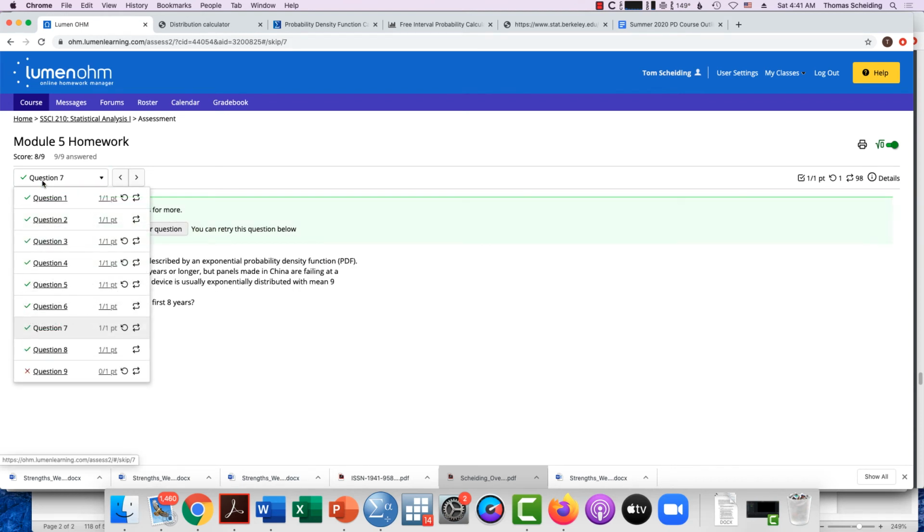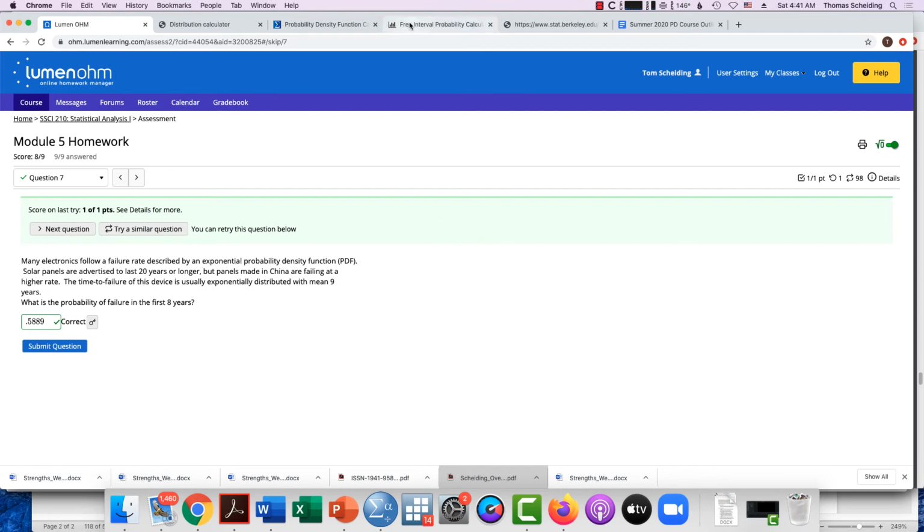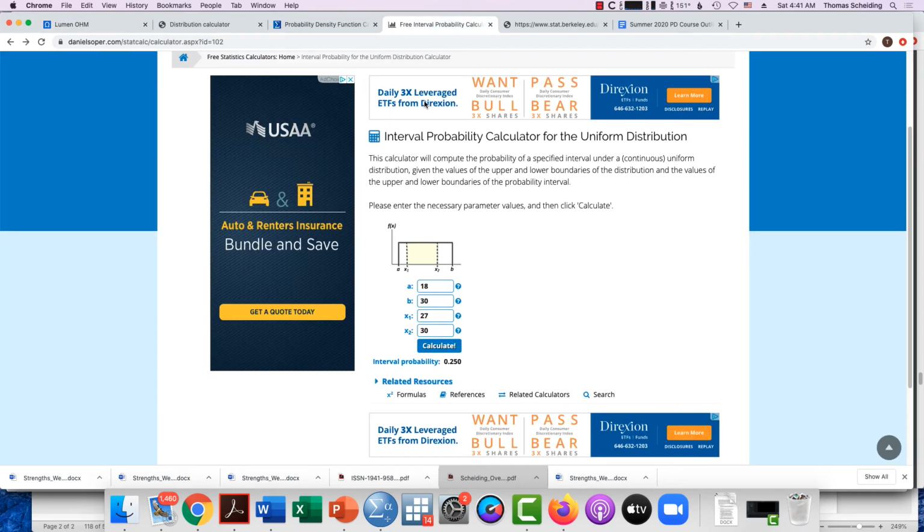For others of these, quite honestly, your best way of doing things is to type into the web to look for the calculators. Because really, the most important thing is that you learn in this module when it's an exponential distribution, when is it a Poisson distribution, when is it a uniform distribution.